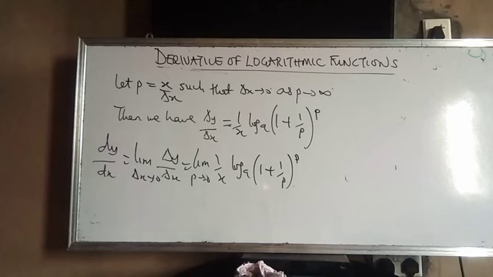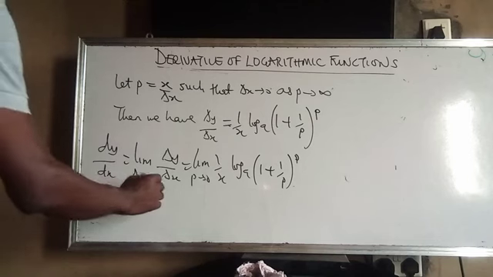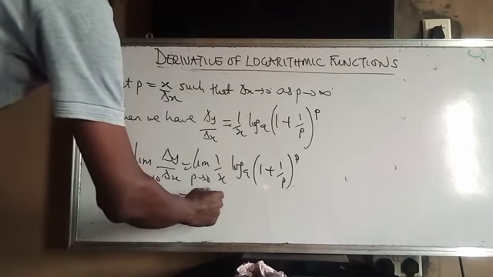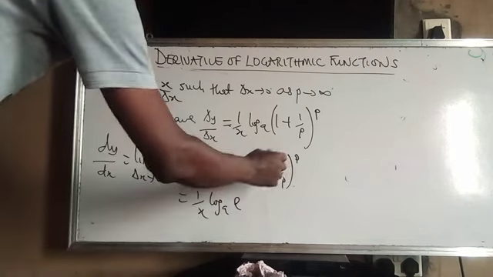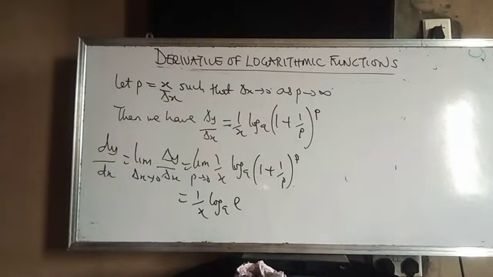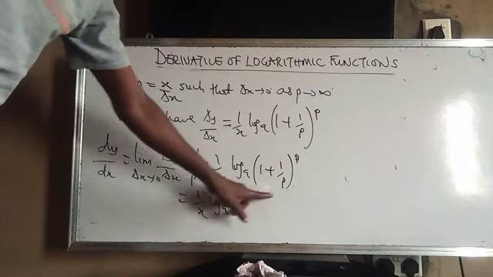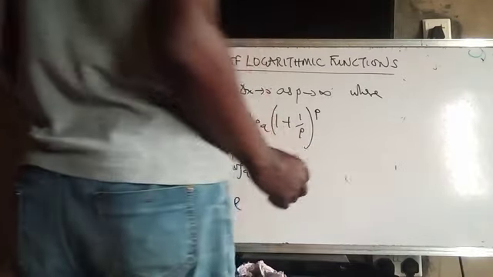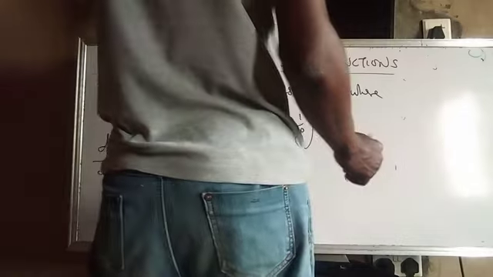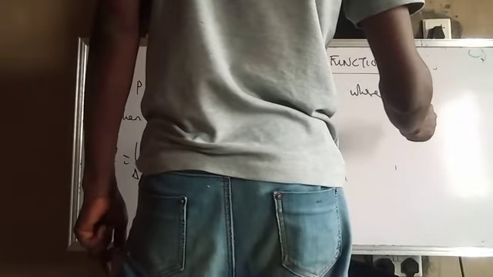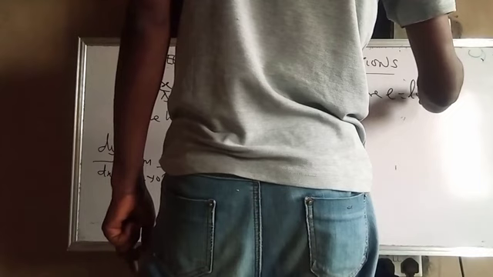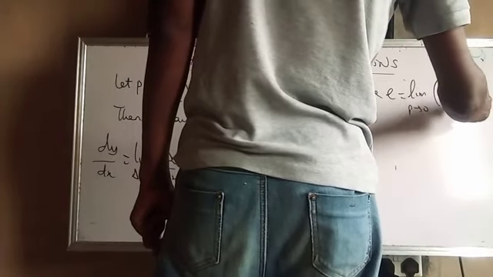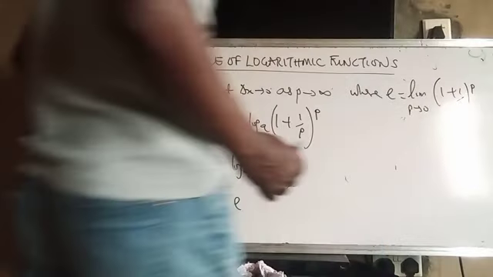Okay. So with that, we have this is equal to 1 all over x. The whole of this is e. When you take p to be tending to 0, we now have e is equal to the limit as p tends to 0 of 1 plus 1 all over p, raised to p.